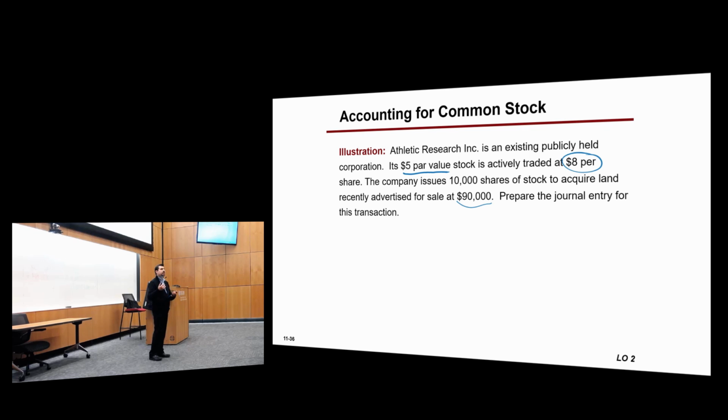Which one is easier to determine? One of them, they just look up the price of the stock and they accepted 10,000 shares. So it's 10,000 shares multiplied by $8. How much is the cost of land? 80,000.